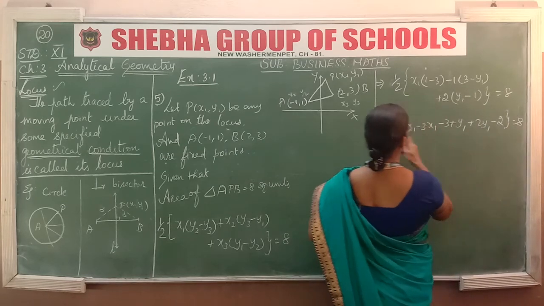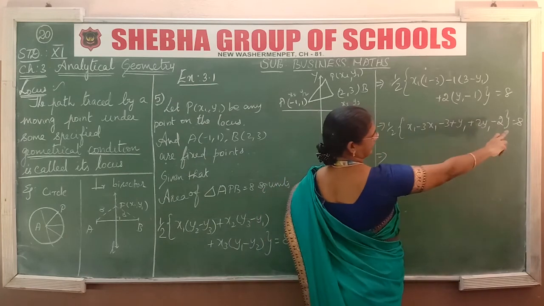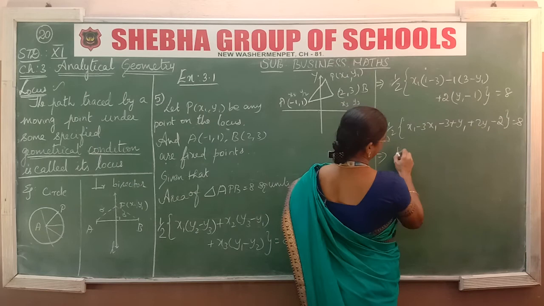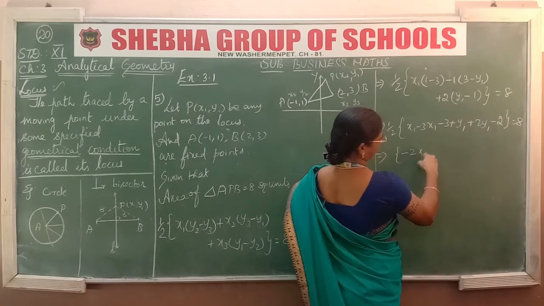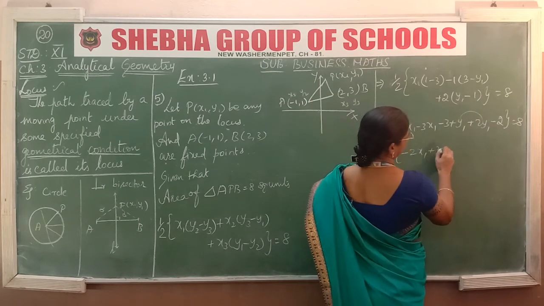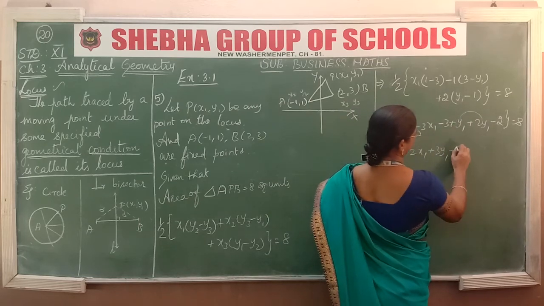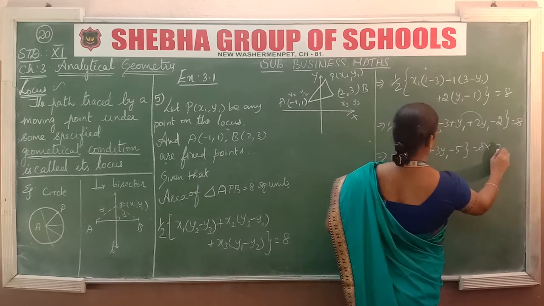equal to 8. Cross multiplying, we get 8 into 2 on the right hand side. Here x1 − 3x1 is −2x1, and combining these we get plus 3y1 and −5, which is equal to 8 into 2.